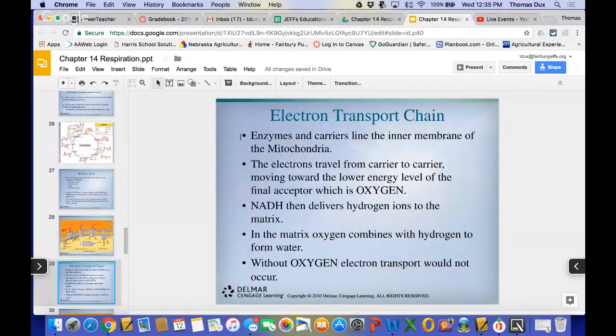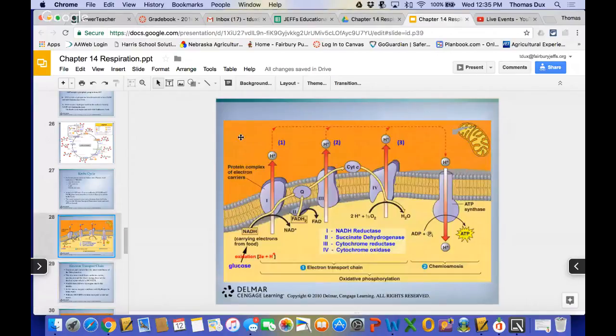So, next one here. You guys all have these done, right? Okay. Electron transport chain: enzymes and carriers line the inner membrane of the mitochondria. So this is again similar.